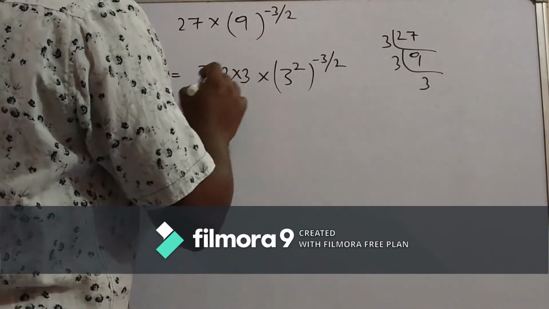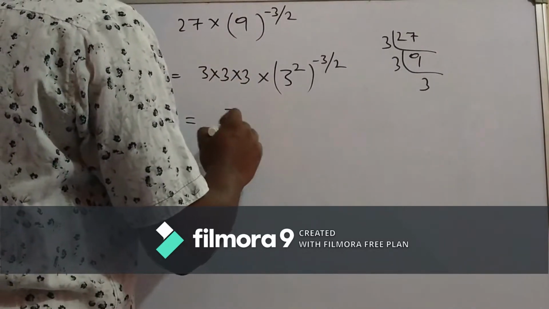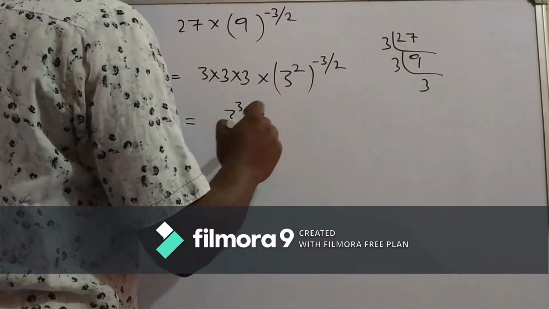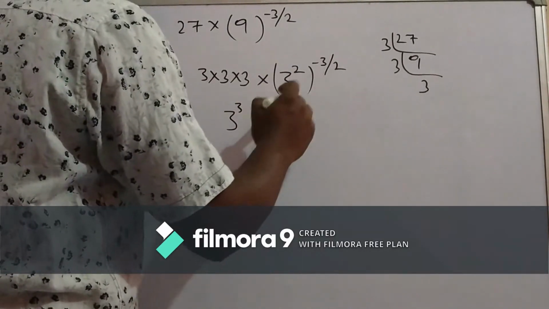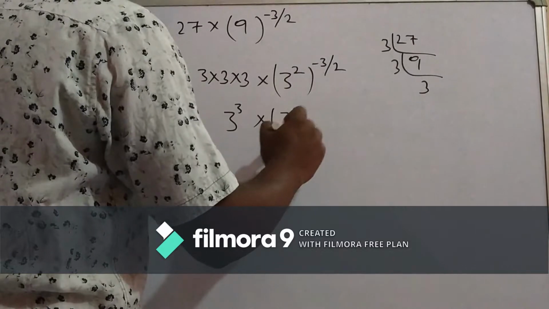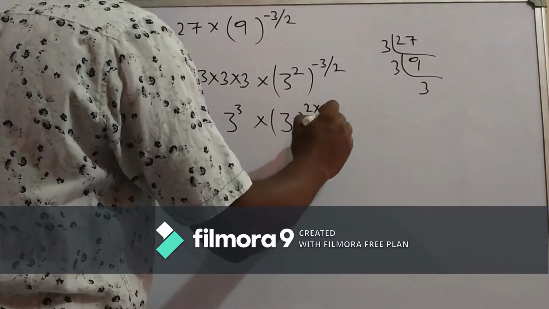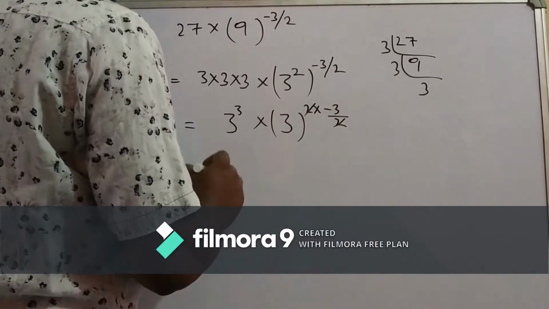So three 3s are there, so in power form we can write 3 to the power 3 into 3 to the power 2 into minus 3 by 2. 2 cancels.